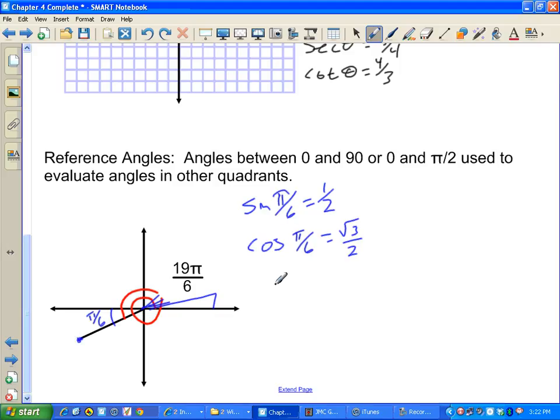So that means the sine of 19 pi over 6 is going to be negative of whatever the sine of pi over 6 is. The cosine value is going to be the same, only since it's in the third quadrant, it's going to be negative. So I'm going to get the same thing here.